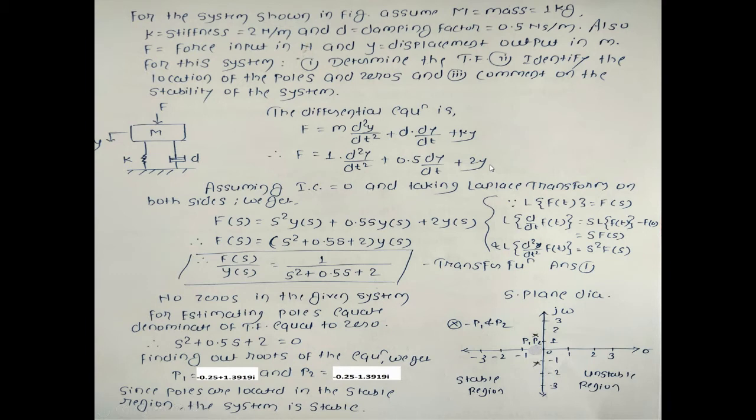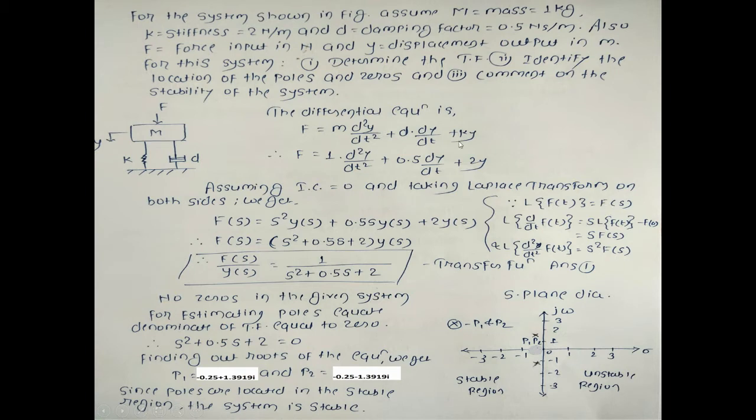As per our standard procedure, we consider that initial conditions are 0, and we take the Laplace of both sides of this differential equation. Now here I would like to tell you what the Laplace of f of t is. It is F of s.